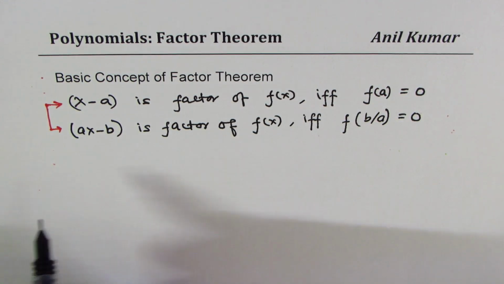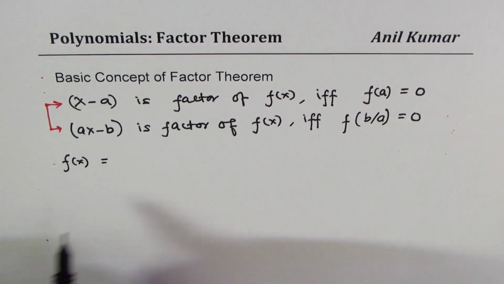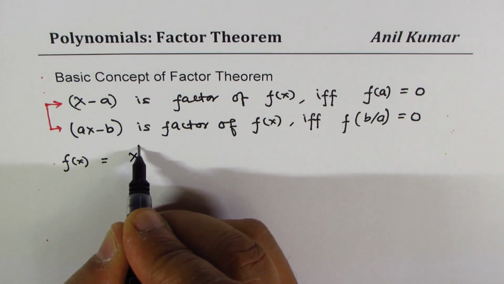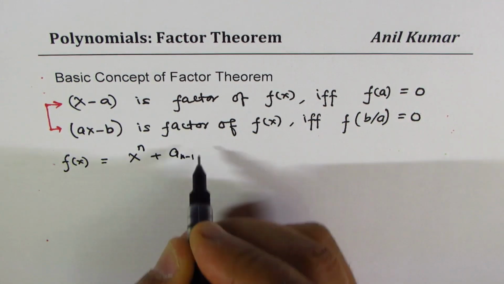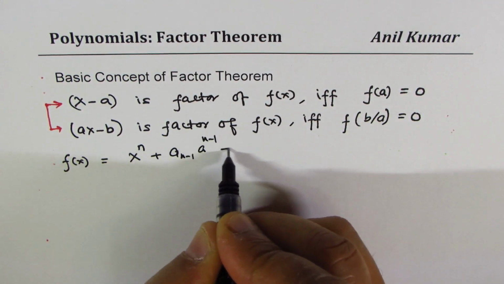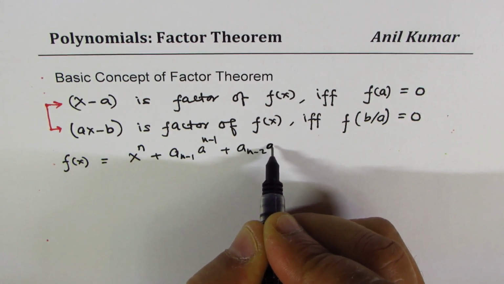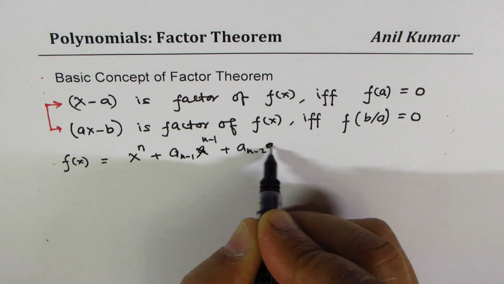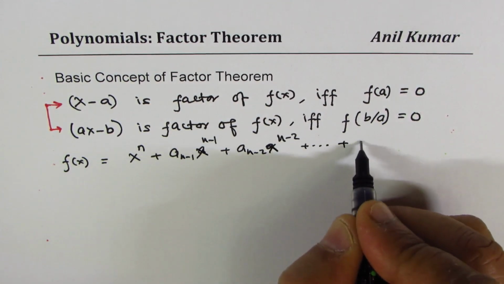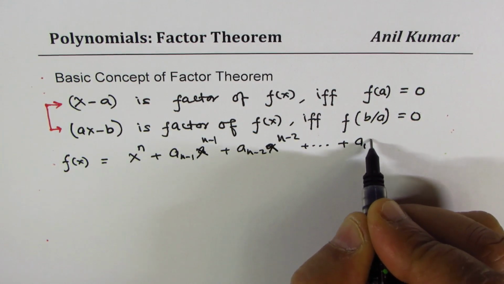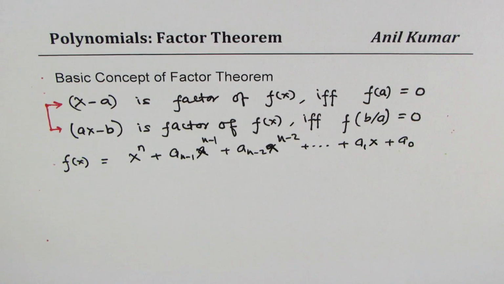The other thing is that if I have this function f of x equal to, let us say, x to the power of n plus a n minus 1 x to the power of n minus 1 plus a n minus 2 x to the power of n minus 2 plus so on, a1 x plus a0. Let's say this is our general polynomial.